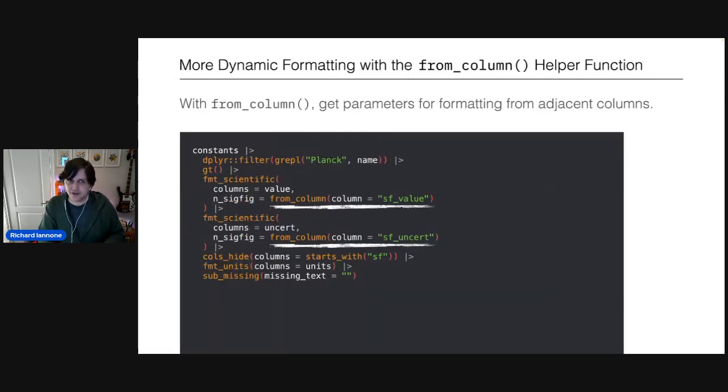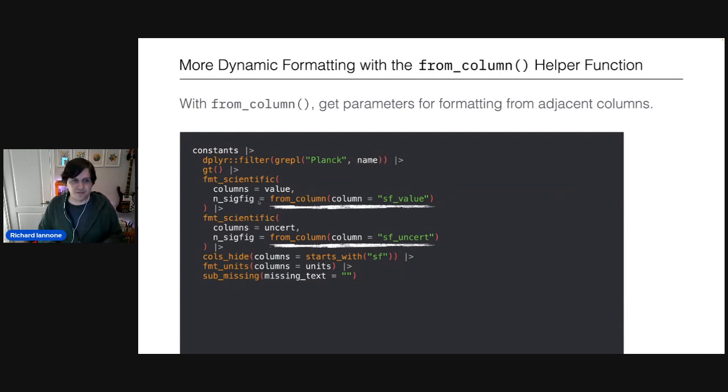Okay, and one more thing I want to get to is this new from column helper function. So this is a bit like ggplot, where you can take values from a column and they affect the formatting or the aesthetics. So in this case, we have certain functions that allow from column in certain parameters. In this case, we have format scientific, and you might imagine a case where you don't want the significant digits to be the same across all cells.